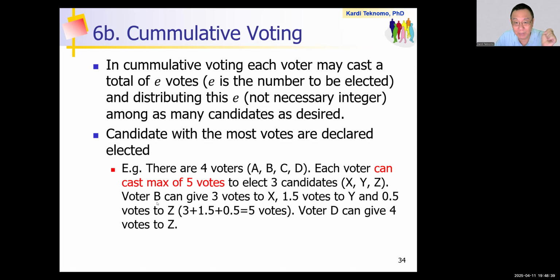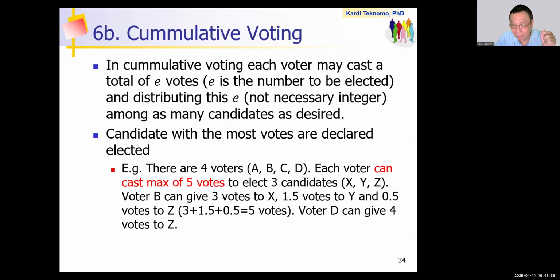Suppose B gives 3 votes to X, 1.5 to Y, and 0.5 to Z. The total is still 5 votes, right?